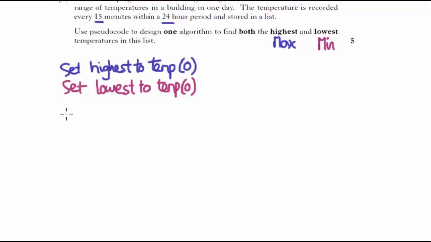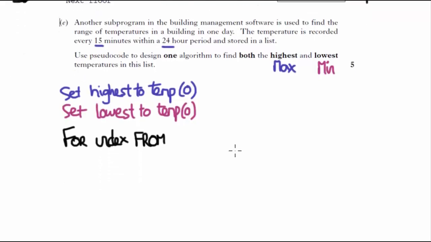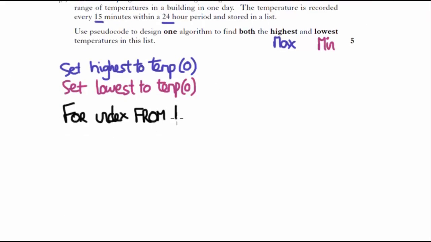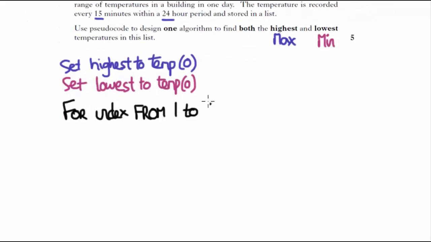This is going to be written in pseudocode: for index from 1, since we've already taken the value at element 0, all the way up to 95. Remember 0 to 95 is your 96 temperatures, so we go from 1 to the end of the array, which is 95.